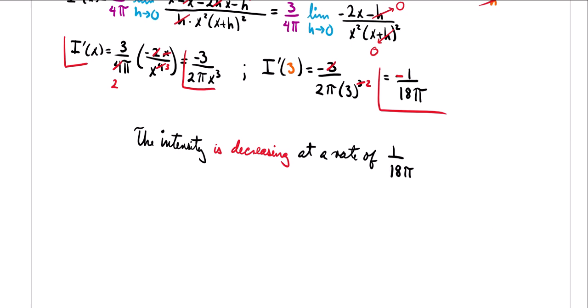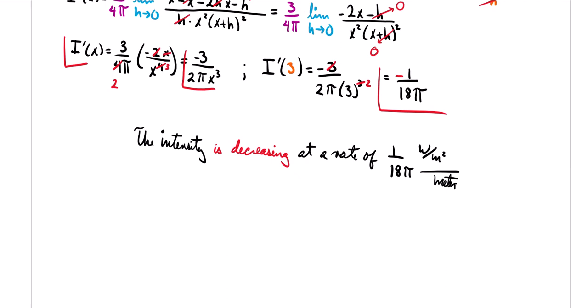Now what were the units? Well, remember that the intensity was measured in watts per meter squared, but because it was a rate of change, depending on how far away you were from the source, it's 1 over 18 pi watts per meter squared per meter. So the farther away that you are, and that makes sense, the intensity is going to be decreasing.